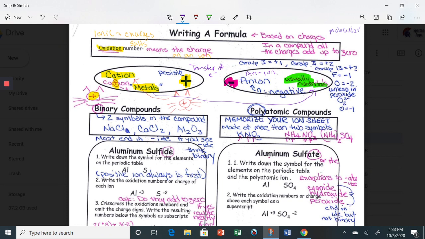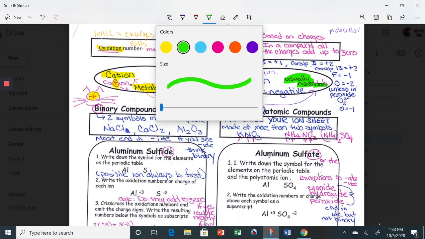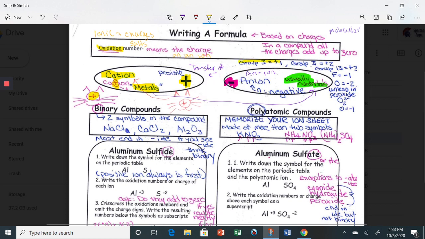There are some generic rules that you can follow based on position on your periodic table. If you are a group 1 metal, it will be a positive 1 charge.